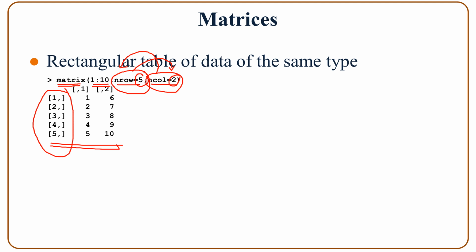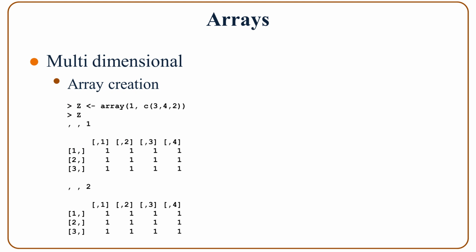The next type is arrays. An array is multidimensional, and in order to create an array, you call the array function. So here you call the array function and give it some parameters. The first parameter is the data. Here you say 1, just 1, so it contains all 1.